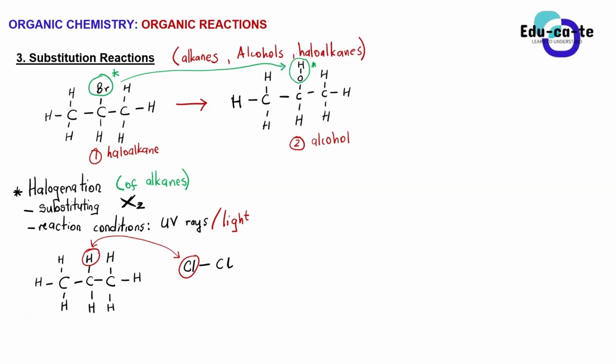So where there was the hydrogen, now we are going to have a Cl. So this is going to be H, C, H down there, and then C, and then we're going to have Cl, then H, then C, then H, then H, then H.